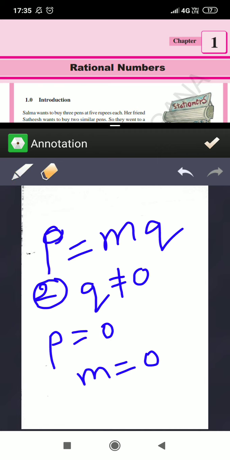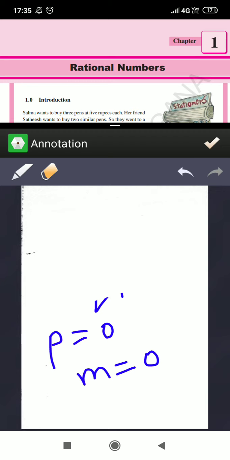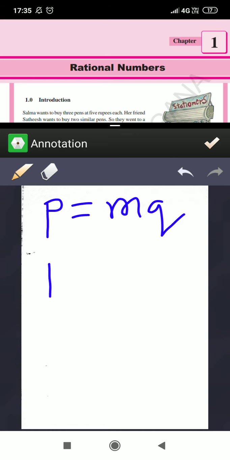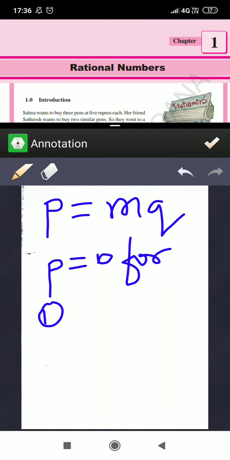Let us discuss the contradictory case. p is equal to m into q. p is equal to 0 for m is equal to 0, the first case, and the second case q is equal to 0.